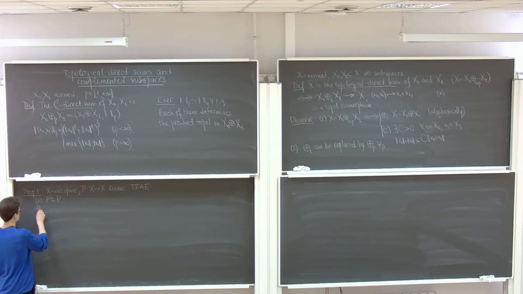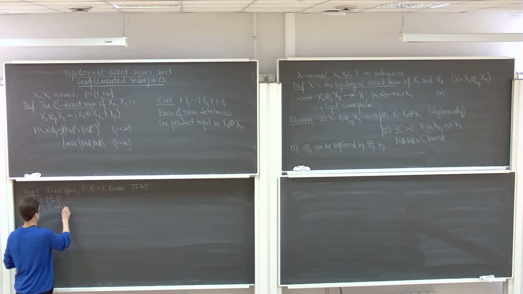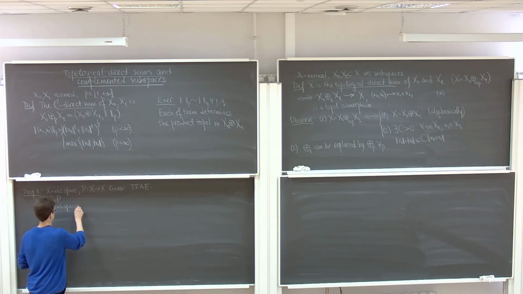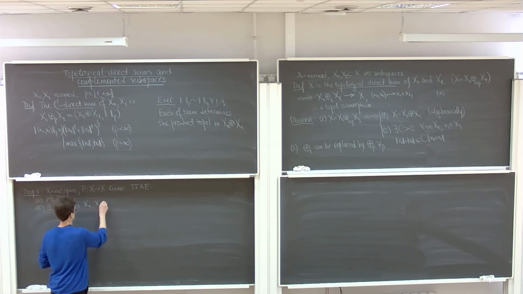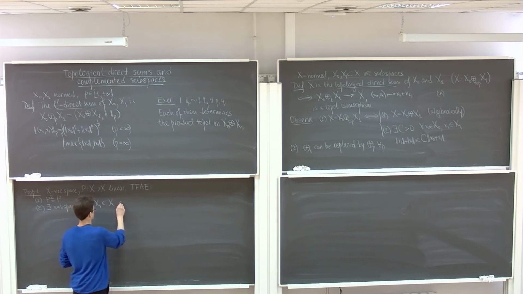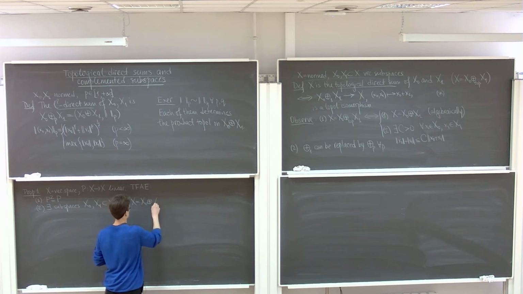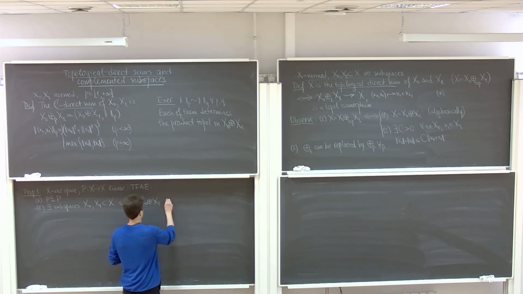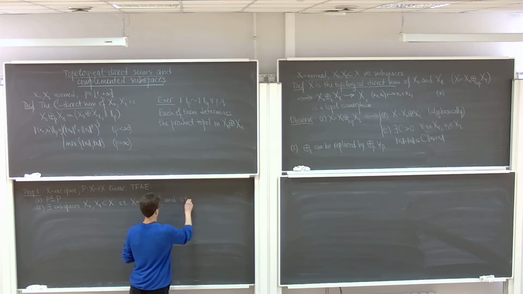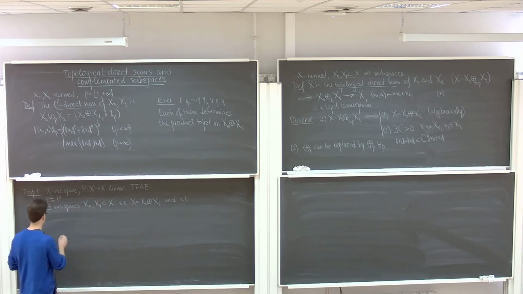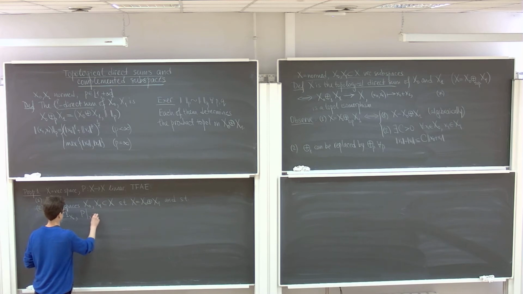And condition 2, there exist vector subspaces X0 and X1 in X such that X is their direct sum, and such that P restricted to X0 is the identity map, and P restricted to X1 is 0.